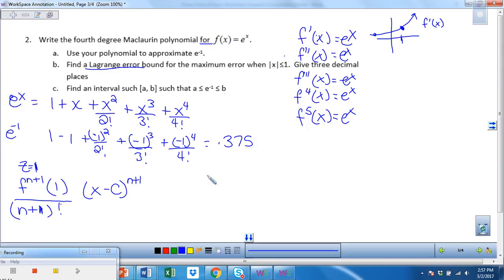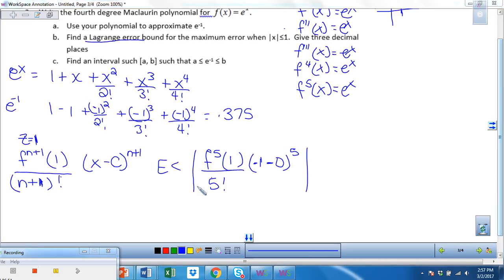And using the information that I'm given, this is the 5th derivative evaluated at 1 over, because this was n plus 1, n was 4, so this is over 5 factorial times, my c is 0, so 1 or negative 1 minus 0 raised to the 5th power. So my error has to be less than this guy.